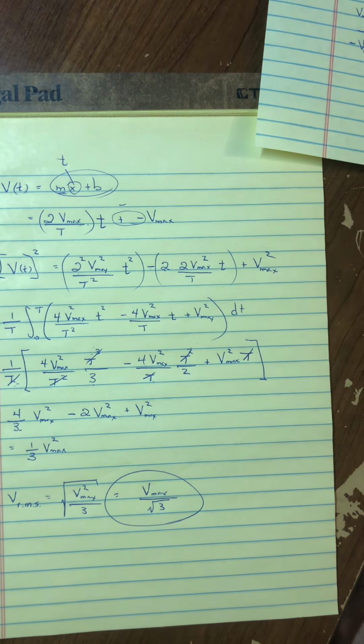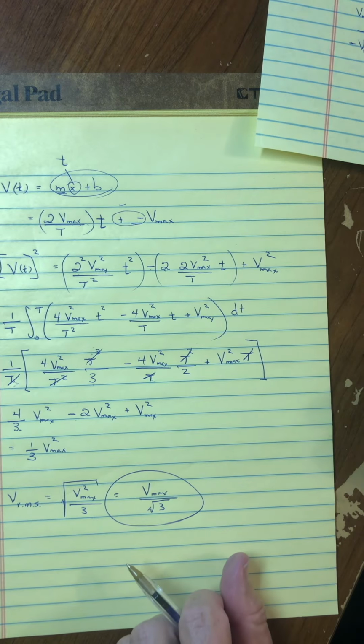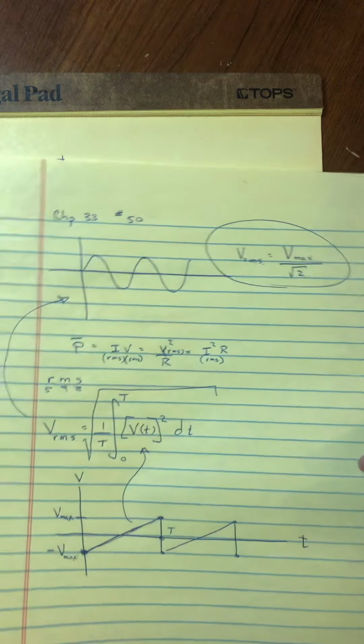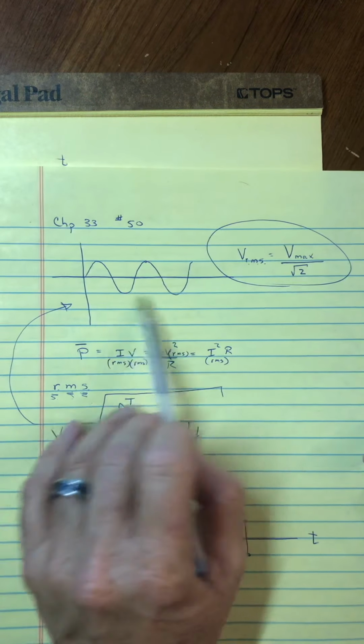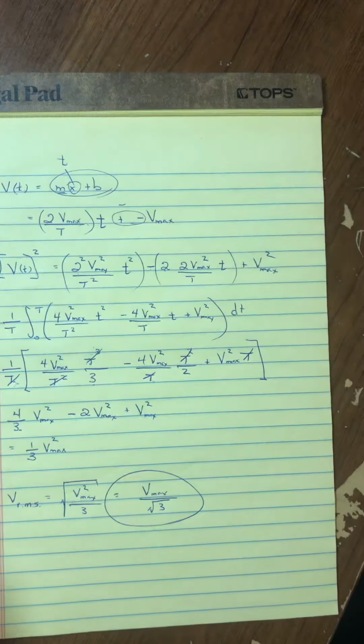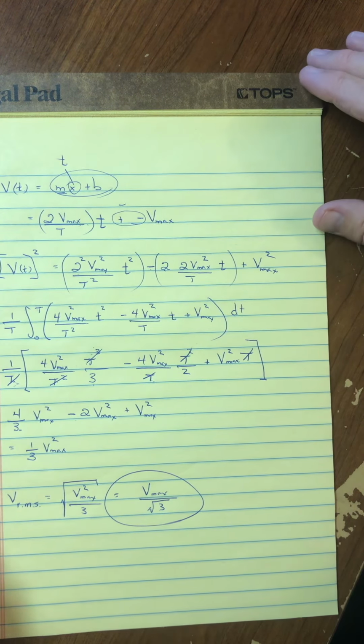So there is the proof that for a sawtooth pattern, you would take its maximum divided by the square root of 3, whereas the sinusoidal one, the one we use most often, would be the maximum divided by the square root of 2. All right, hope that helped.